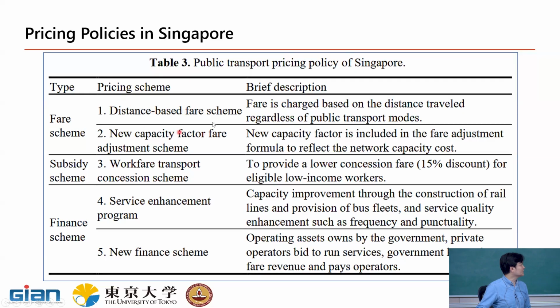So to respond to those user needs, they tried to implement the distance-based fare scheme. So this is more tap and go, but because of the technological development that happened, it's only possible because of the ETC technology, right? Before, if you tried to implement a distance-based fare scheme early on without the technology, it wasn't worth it.